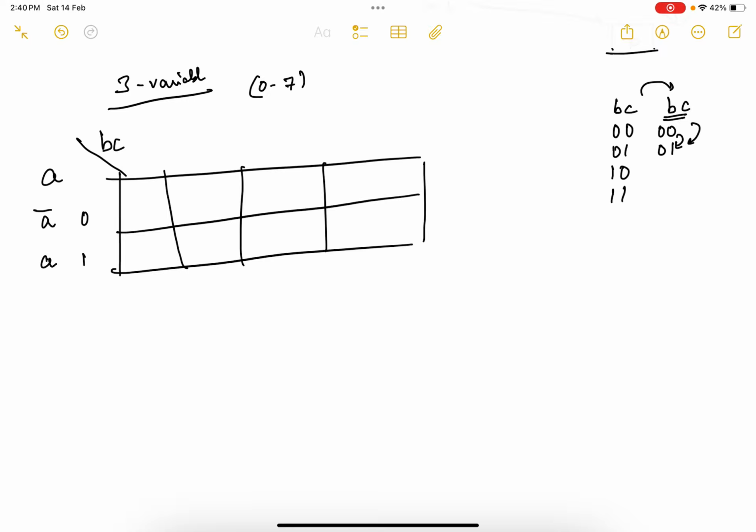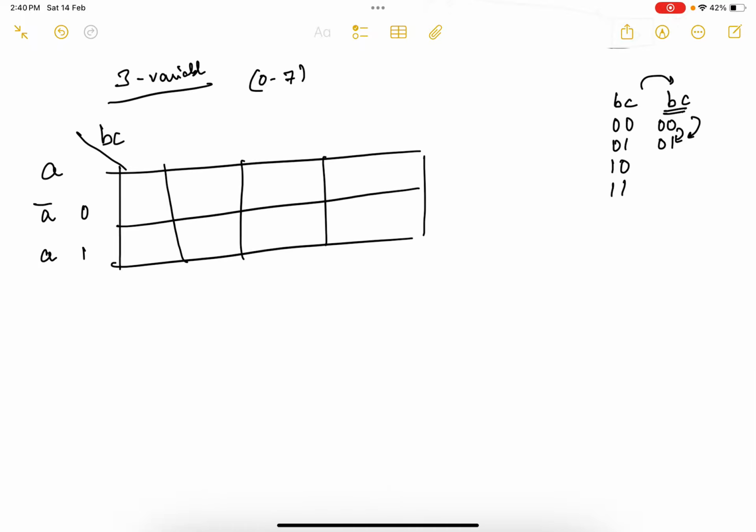But from 01 to 10, there is a 2-bit change, so this is not accepted. After 01, it moves to 11, where the 0 shifts to 1, the 1 is retained, and then the next 1 changes to 0. This is the format in your K-map.